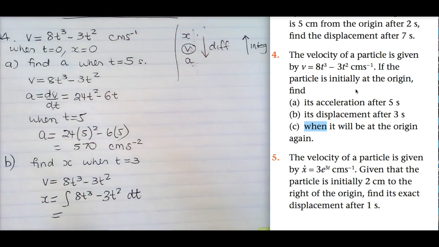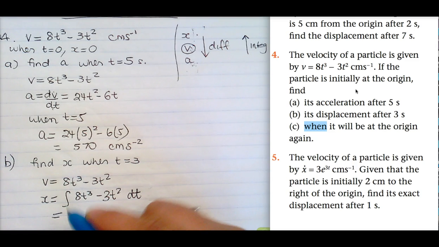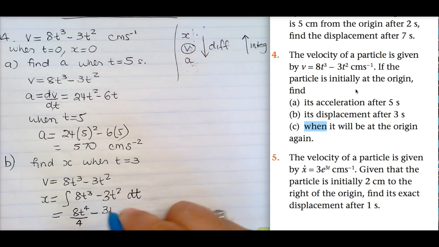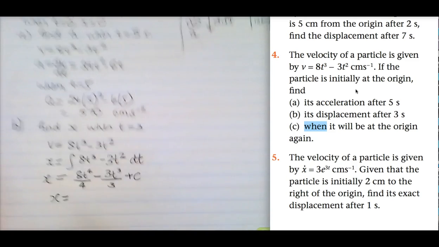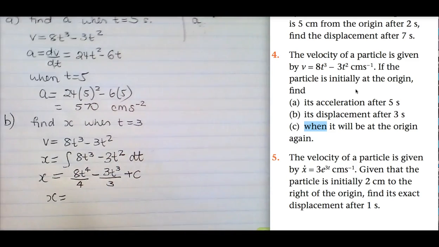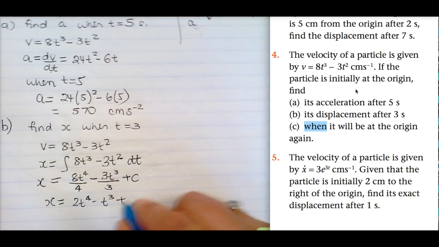That's using proper notation. So you should go integral of that, which is 8t to the 4 on 4 minus 3t cubed on 3 plus c. So therefore, x is what? 2t to the 4 minus t cubed plus c.